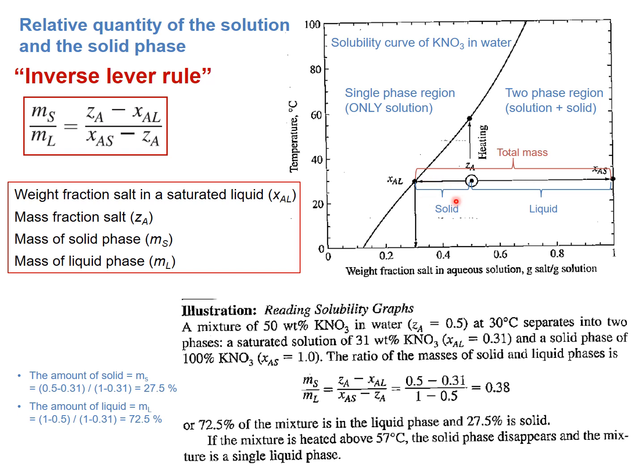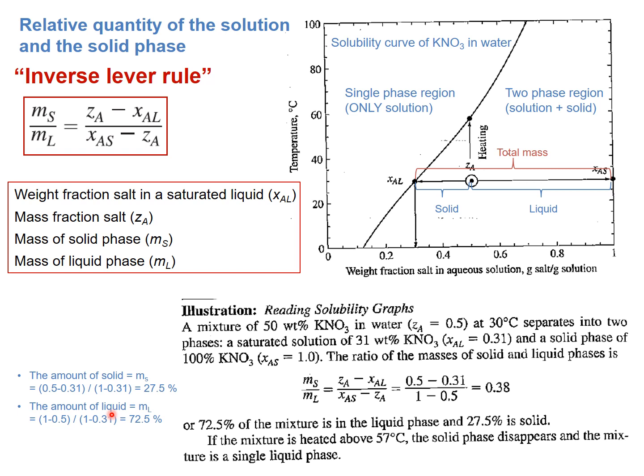Of course, how about the amount of liquid? The rest of them, so 72.5%. Or you could calculate the amount from this length: 1 minus 0.5 here, and the total length here, which gives 72.5%.